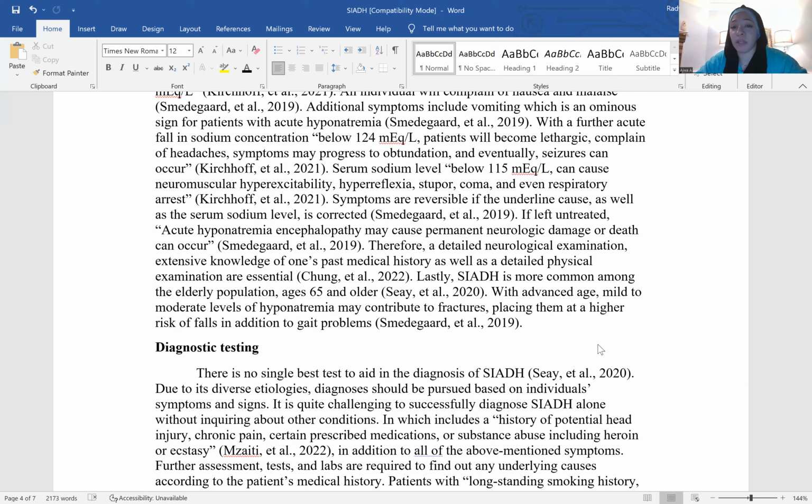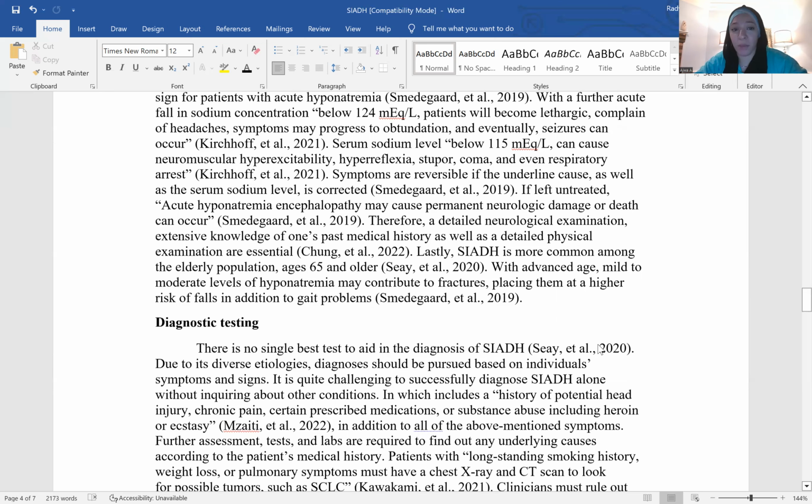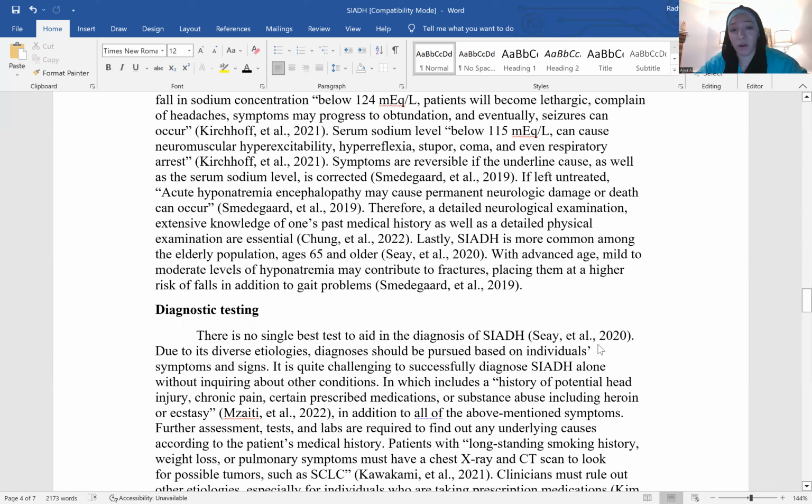Serum sodium level below 115 can cause neuromuscular hyperexcitability, hyperreflexia, stupor, coma, and even respiratory arrest. Symptoms are reversible if the underlying cause, as well as serum sodium level, is corrected. If left untreated, acute hyponatremic encephalopathy may cause permanent neurological damage or death.